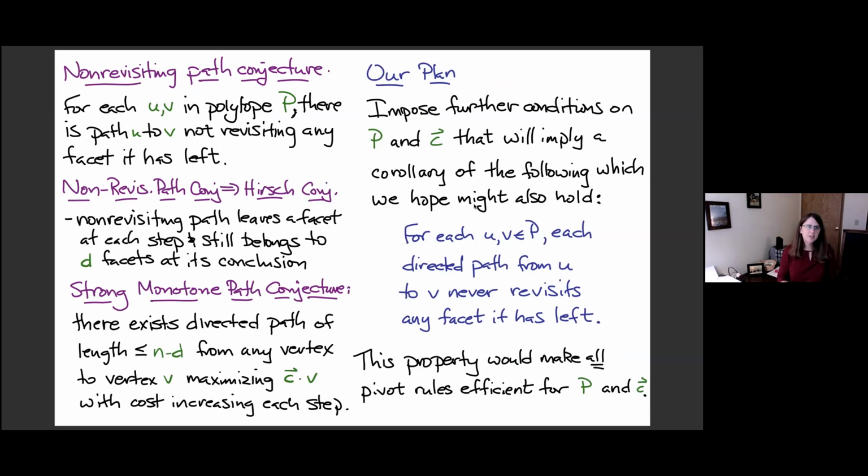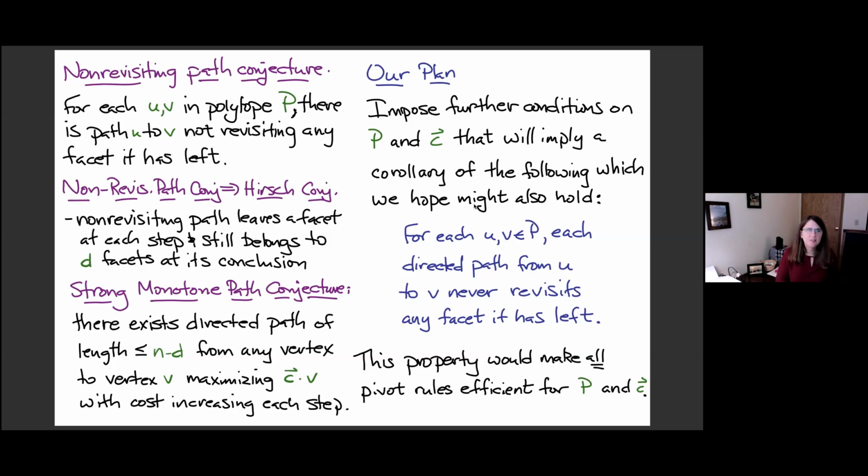And a related conjecture is the strong monotone path conjecture, that there exists a directed path of length at most n minus d from any vertex to the vertex v that maximizes the cost, c dot product with v, with cost increasing at each step.